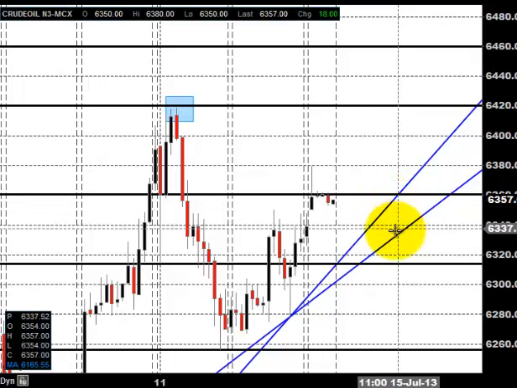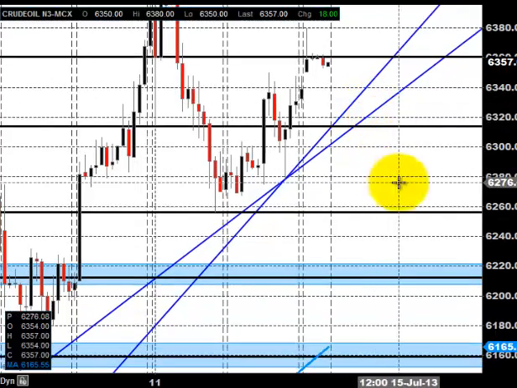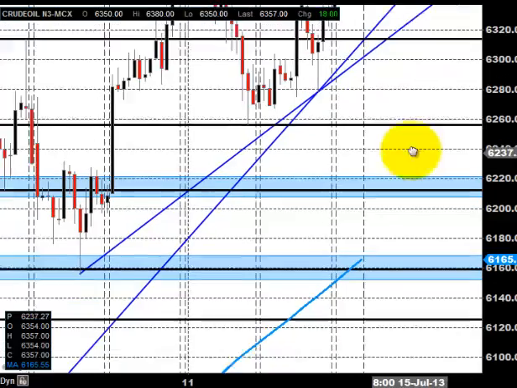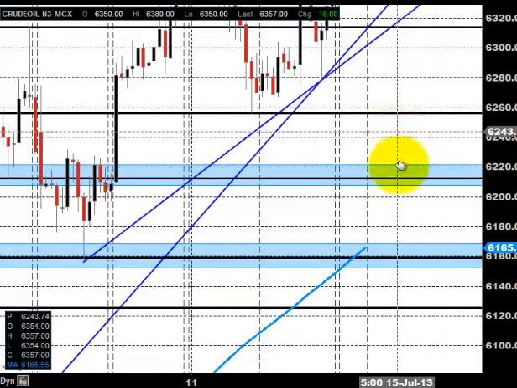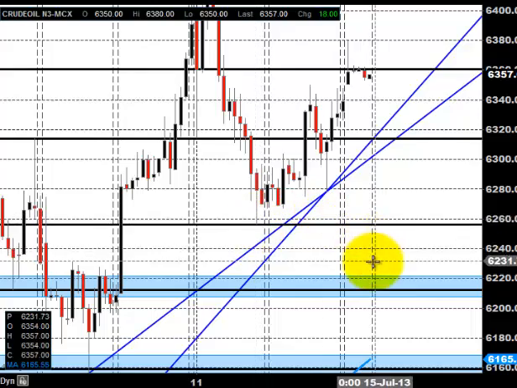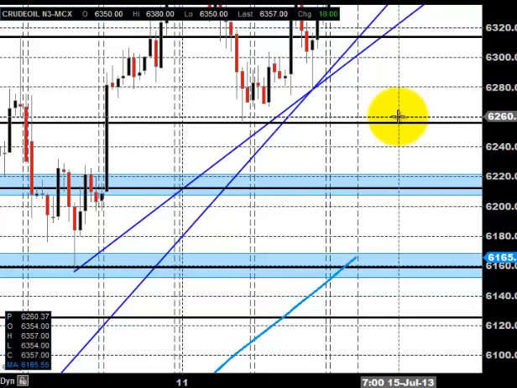So this is the first criterion, that the price should stay within the trend line. Even if it breaks the trend line, these are the support zones, 6220 and 6160. You cannot take out 6160 very easily. These are the major support zones where all the buyers will be expecting the market to bounce back.